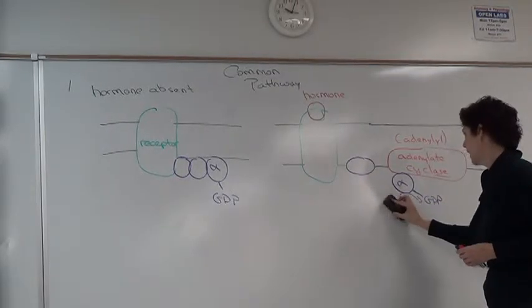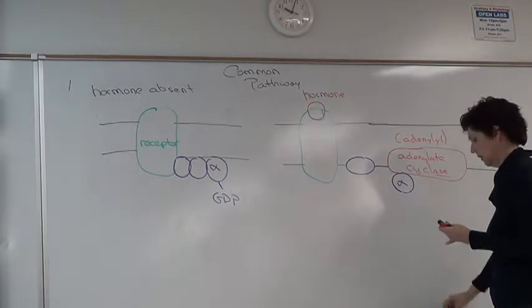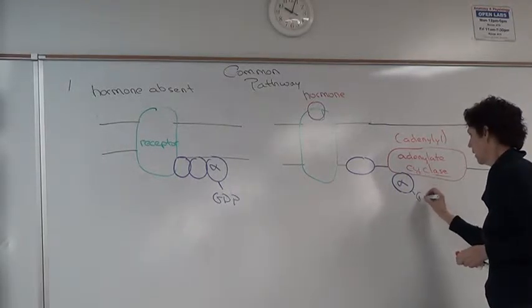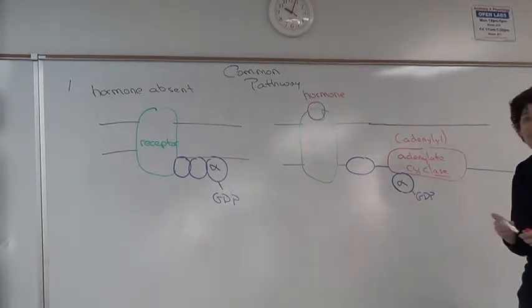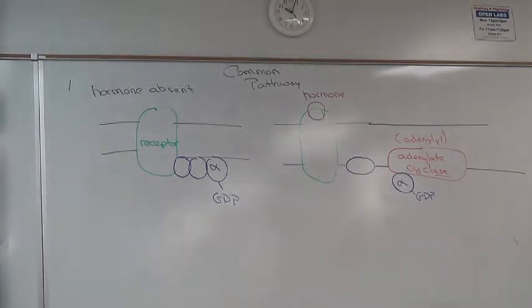So if we see it looking like this, because the previous form is not going to be there for very long, this is now an active enzyme, and its role is to take ATP and convert it to cyclic AMP. So it's going to bump off two phosphate molecules and turn it into a ring structure.